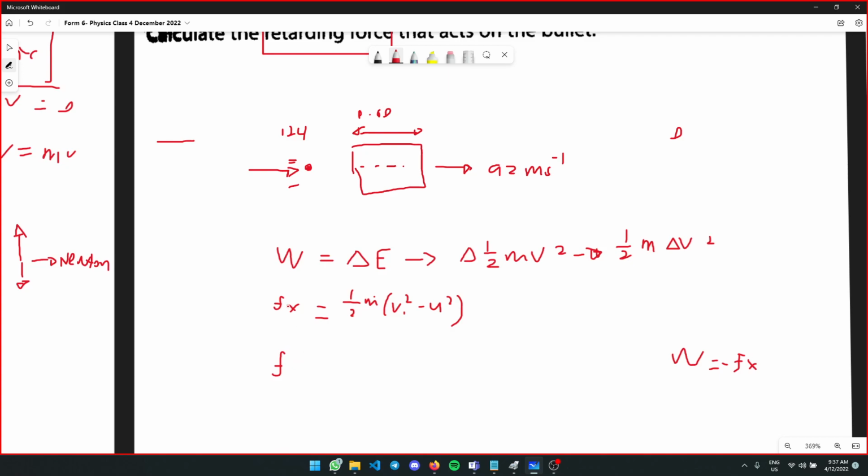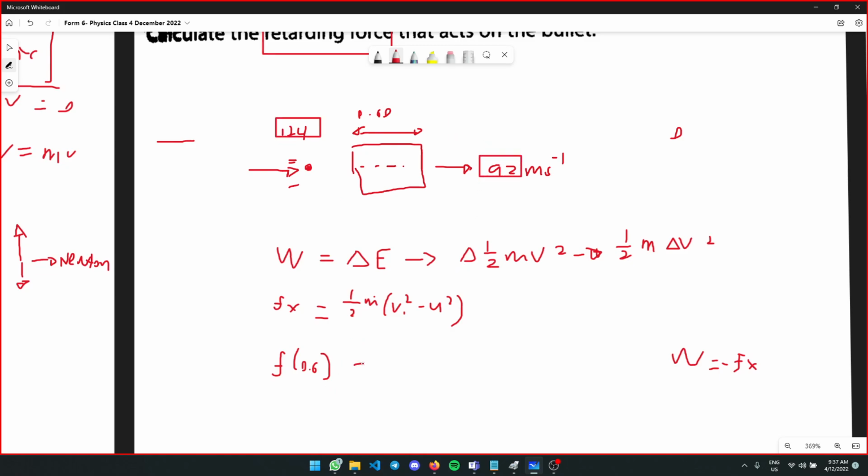In this situation, it is displaced by 0.6. In all of these questions we automatically neglect air resistance and friction, because they didn't mention it and it's not really in your syllabus. Unless stated otherwise, I don't need to care about that. So let's just say it's a constant 124 before and a constant 92 after.